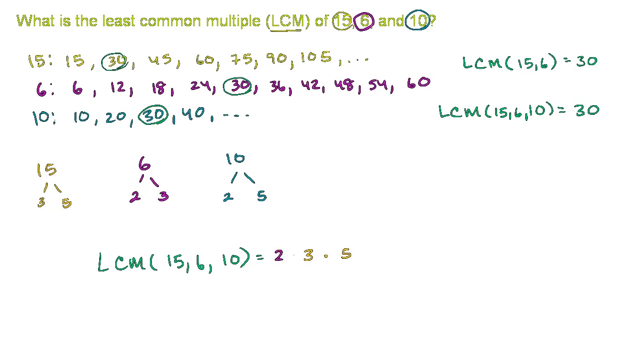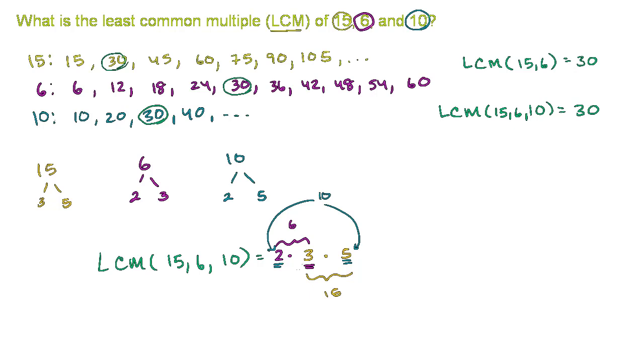So it has to have at least one 2, and we already have a 3 over here, so that's all we need. One 2 and one 3, this 2 times 3, ensures that we are divisible by 6. And to make sure that we're divisible by 10, we have to have at least one 2 and one 5. These two over here make sure that we are divisible by 10.